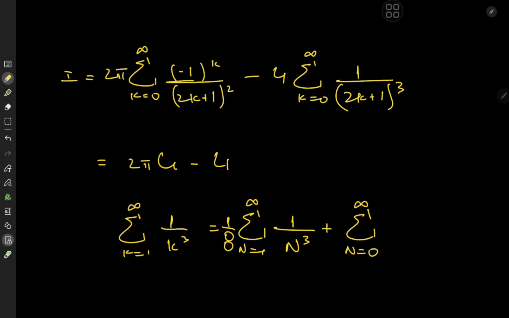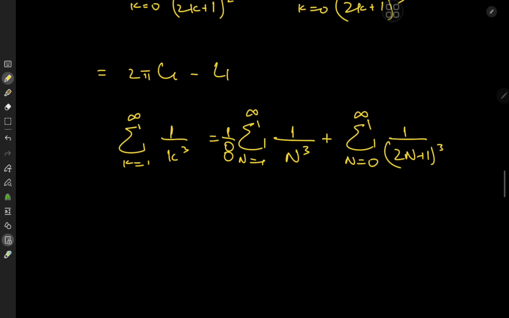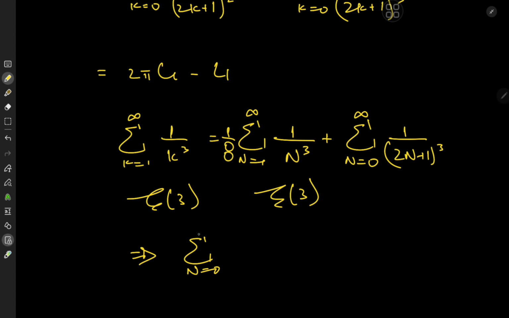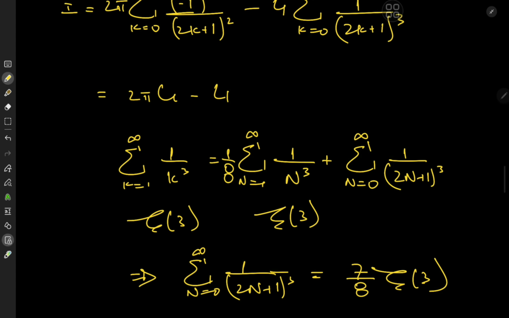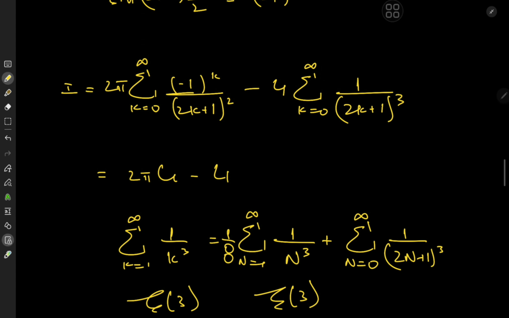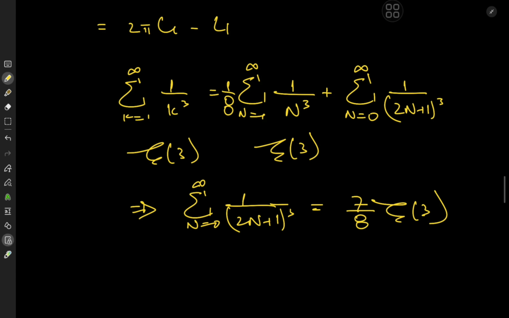Yeah, that checks out. That includes 1 over 1 cubed. 1 over (2n+1) cubed, which is our target sum. So you have Apéry's constant here, zeta 3, and Apéry's constant here times 1 over 8, which means that the sum over n from 0 to infinity of 1 over (2n+1) cubed equals 7/8 of zeta 3, which is, again, beautiful. Multiply that by 4 and you get 7 over 2.